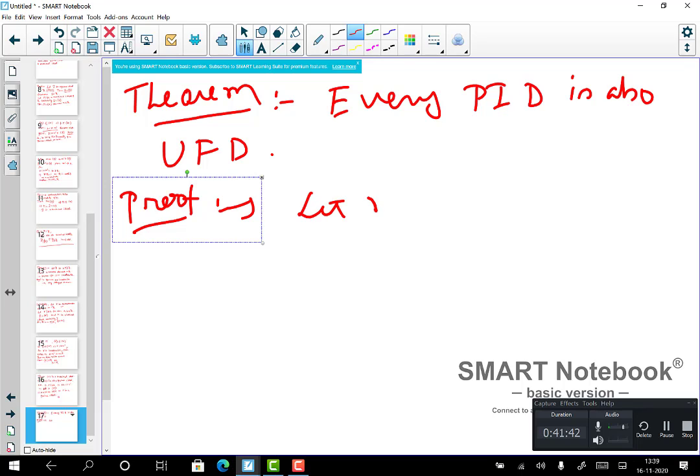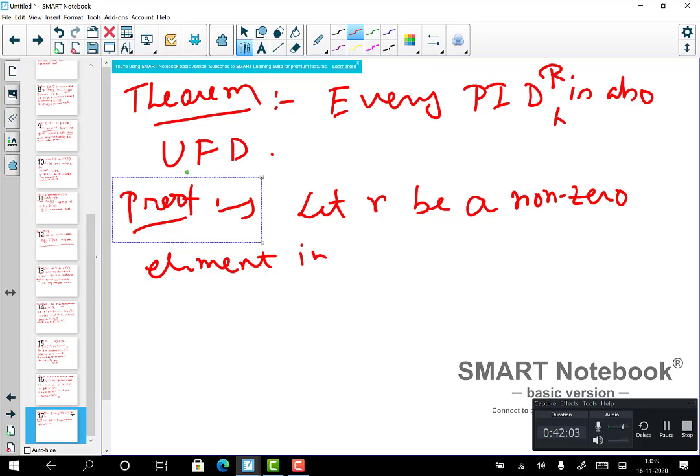So let R be a non-zero element in a PID, say R, capital R, in R. Okay, so you have a non-zero element in R, and then you need to check whether this factors or not.